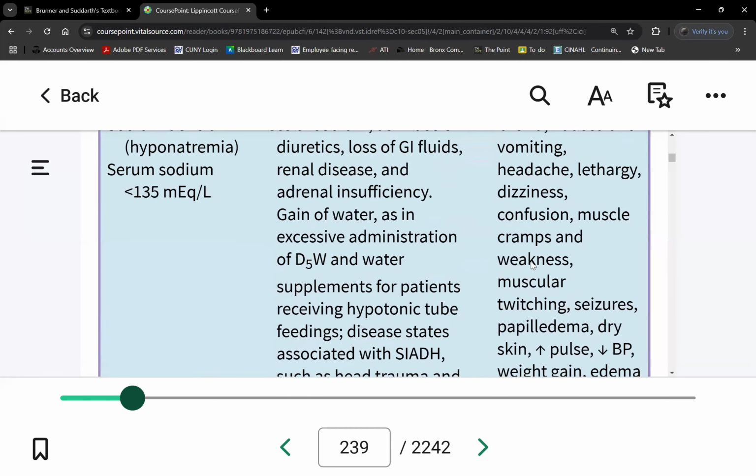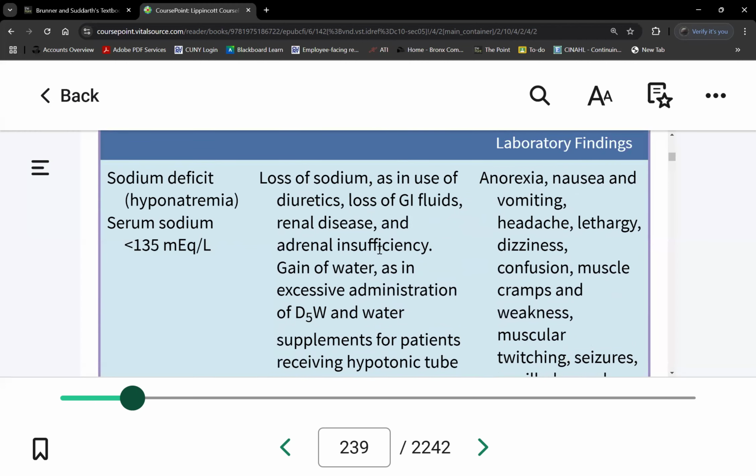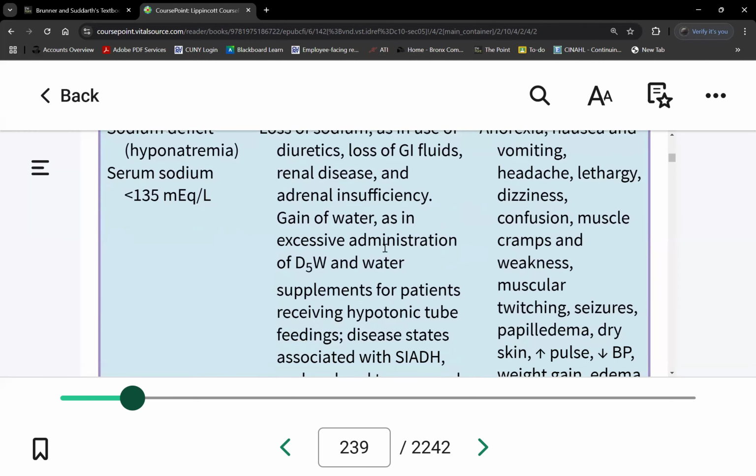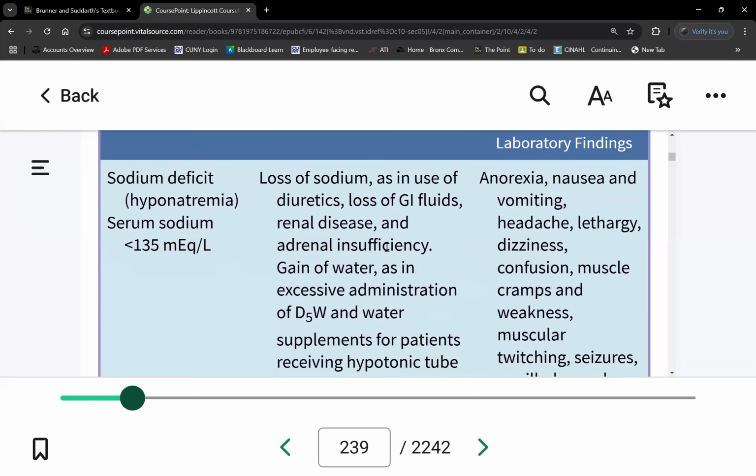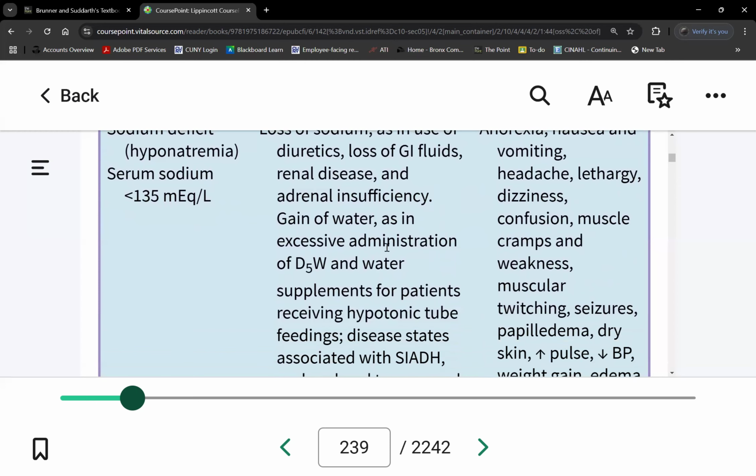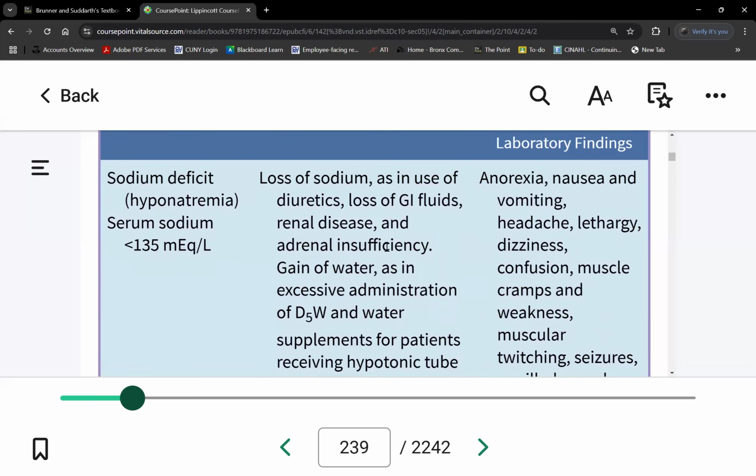And these are the common causes. Like I said, treatment will vary depending on the cause, what led to the sodium deficit. But generally speaking, the way we manage low sodium is fluid restriction, based on the concept of where sodium goes, water follows.